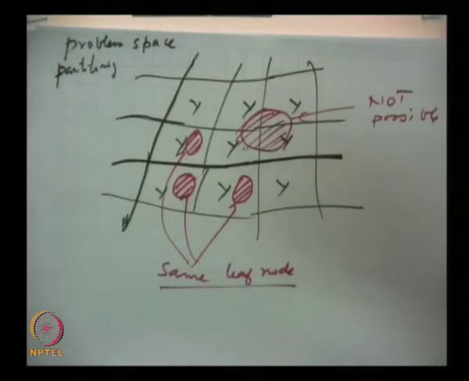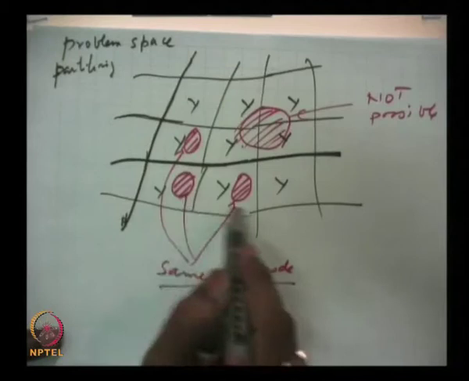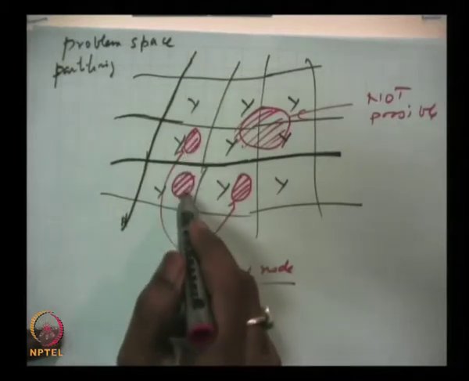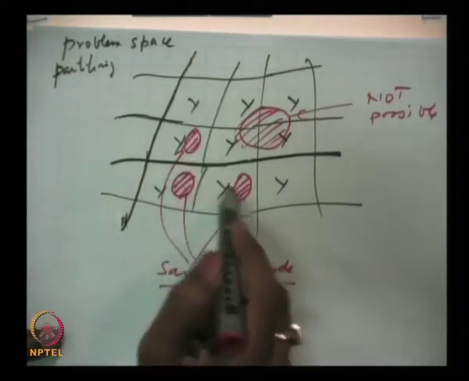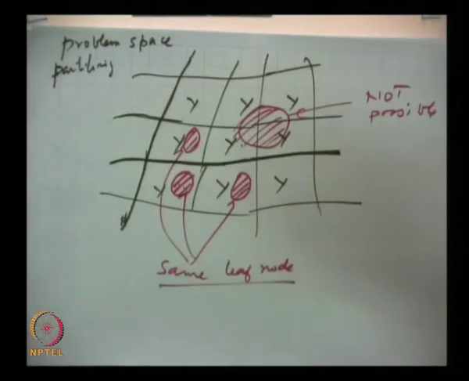So, that is what we will prove. Why is it so? We would like to argue that even this scenario is not possible, that is, a leaf node cannot be a union of these regions coming from different connected regions. Since the word connected was used, I do not want to get into the definition of connected regions, but you can see what is meant by a connected region here.